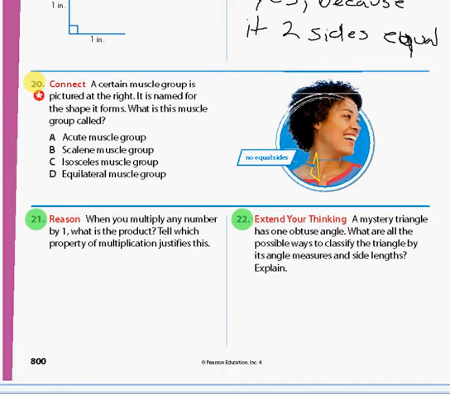Question 21. When you multiply any number by 1, what is the product, and which property of multiplication justifies this? Okay, anytime you multiply a number by 1, it's going to be itself, and that's the identity property of multiplication.